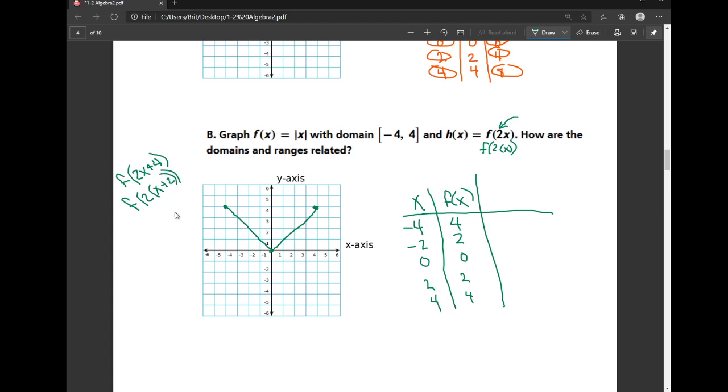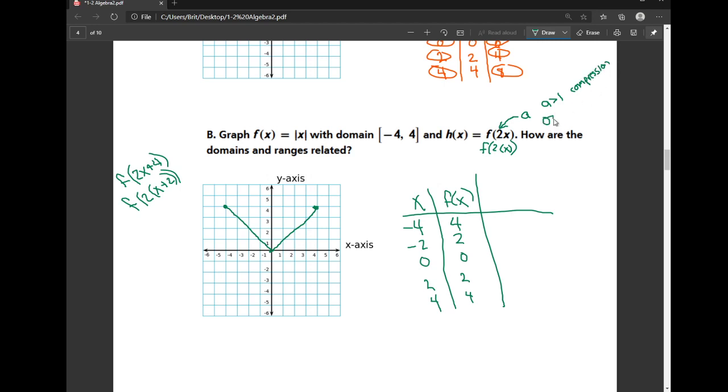Okay? And so this is important because it's talking about a translation, and it's going to change your translation if you don't do it this way. And so that 2 is my a value. If that a is bigger than 1, when it's a horizontal change, this is now a compression.